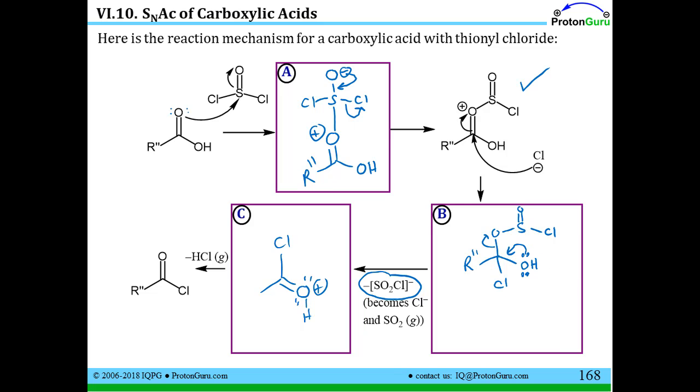It already had the H. And the R double prime group is still attached with a single sigma bond. Now, just a simple deprotonation of this will lead to the compound shown here, where we now have the acid chloride, and the carboxylic acid that we started with in the net reaction has been converted to something with a good leaving group that's not susceptible to being deprotonated like the OH group in our initial species.